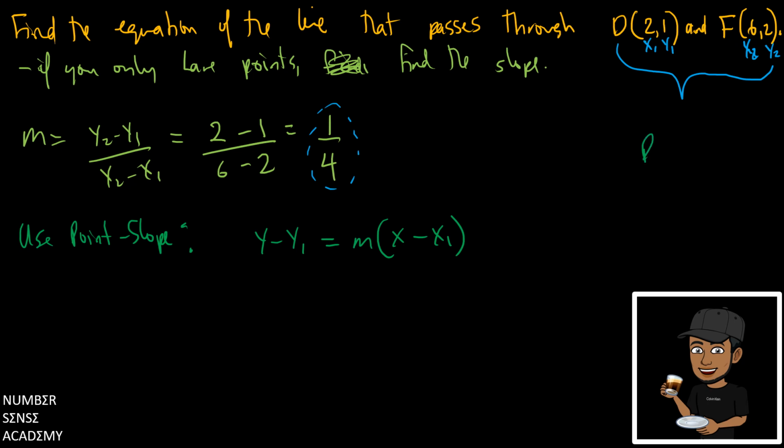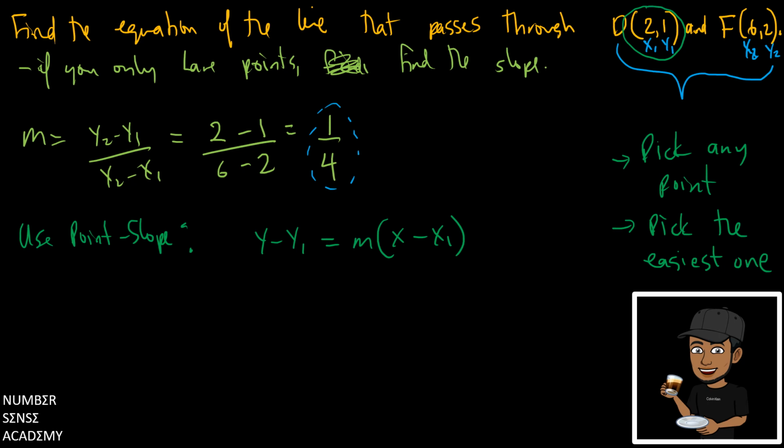So pick any point, and I would say pick the one that's easiest to work with. So I'm going to grab (2, 1) because it's smaller. It should be easier to manage. So it's going to be y minus y1, which is 1.